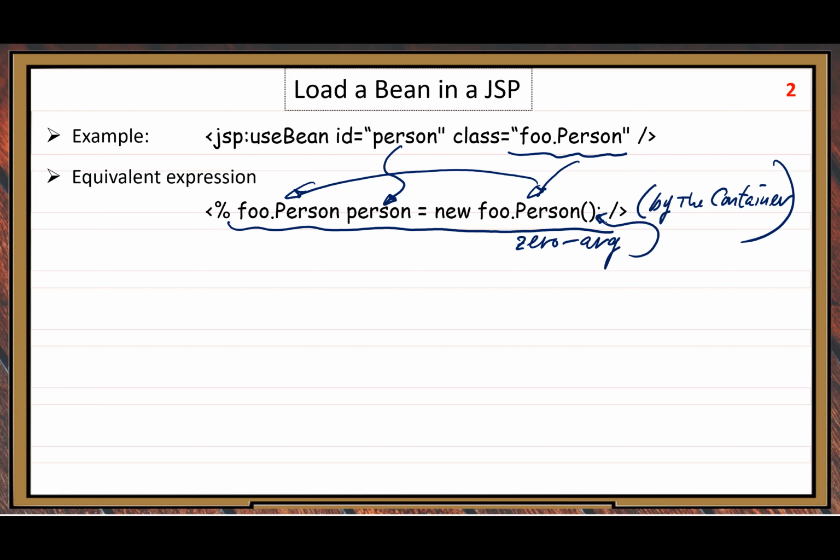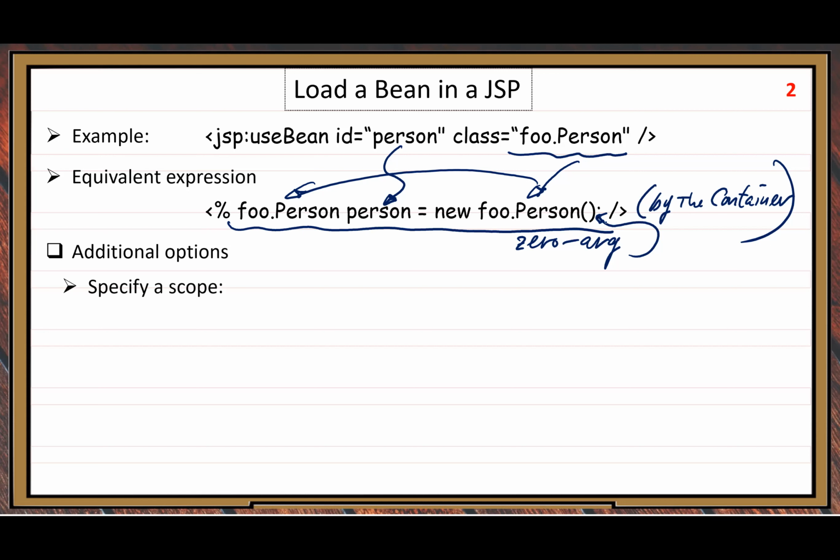That's the reason, in order to make the container instantiate this bean automatically, you need to provide a zero argument constructor. Otherwise, this step won't work. So that's simple. Next, additional options.